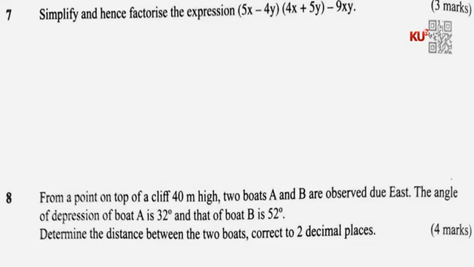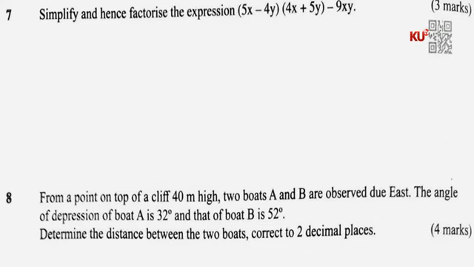So we can give a sketch. I can say this is my cliff. This is a surface. Now, this cliff of mine is 40 meters high. The height from the ground to the top here is 40 meters.